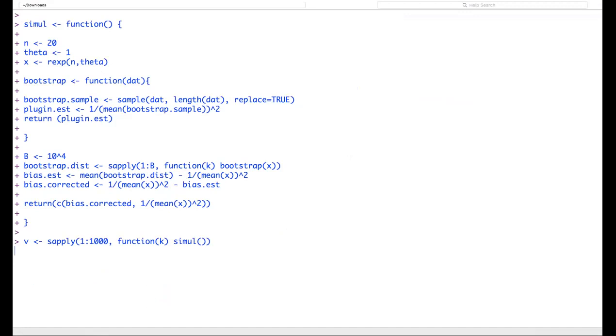So altogether, how many operations are there? There are about 10 million iterations of code. So this might take a few minutes to complete.